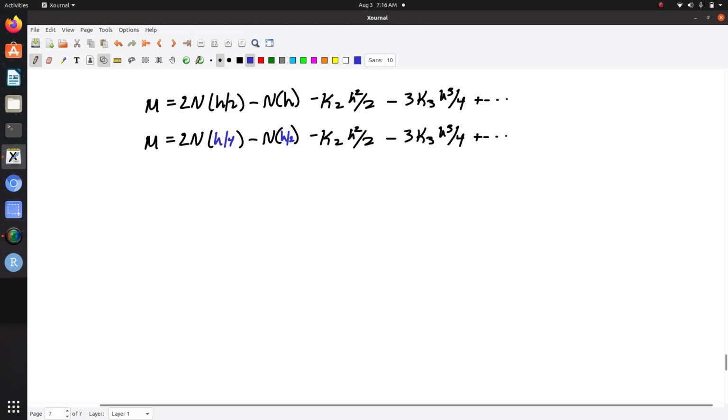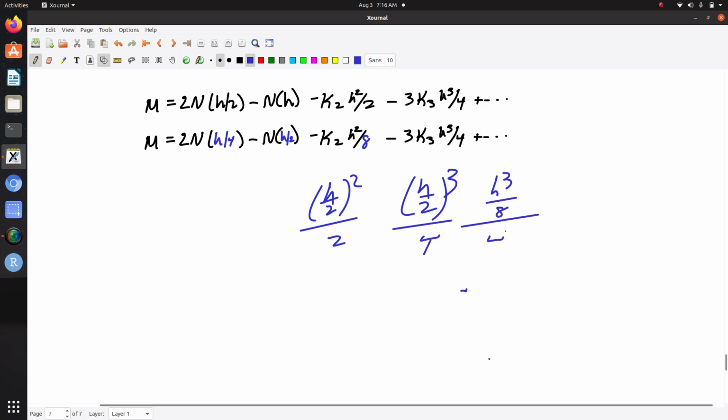H squared over 2 becomes h over 2 squared over 2, so that becomes h squared over 8. H over 2 cubed over 4 becomes h cubed over 8 over 4. So that's going to be like over 32, I guess. Yeah.